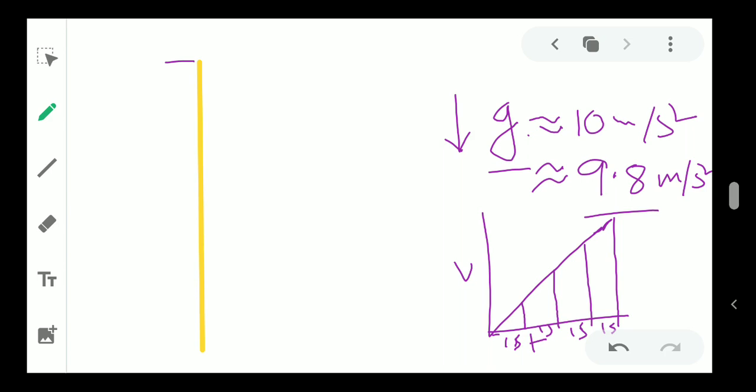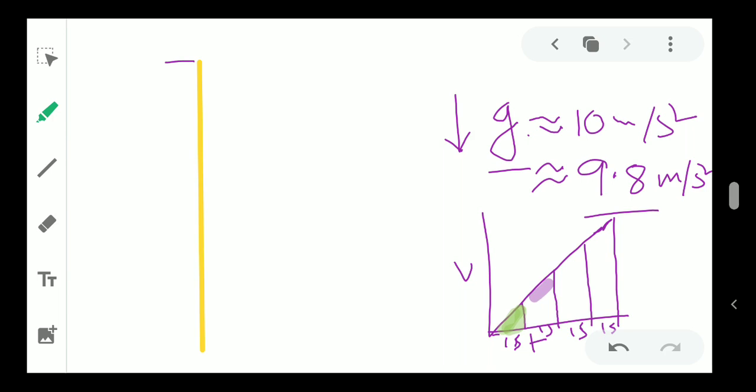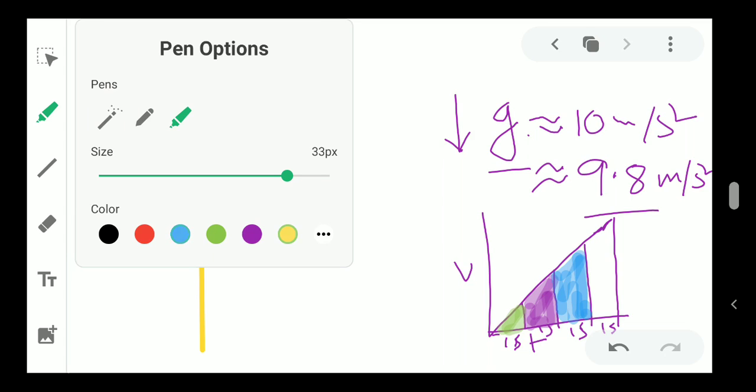You can see in the first 1 second the displacement is only this much. In the next 1 second the displacement is this much. In the further 1 second the displacement is this much. So you can see that the area is increasing as we go with time, and the last one is the biggest one.